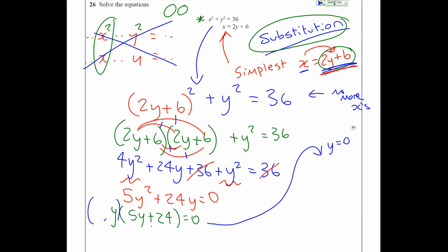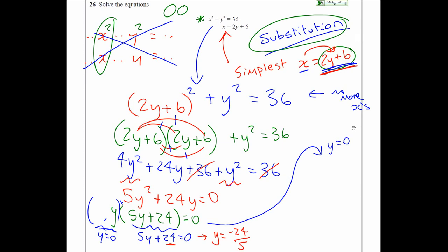Something times something else gives you 0. So either this bracket could be 0, or, which is what I'm worried about, this bracket equals 0. So 5y plus 24 is 0. We don't get a very nice answer for y here. We get minus 24 from both sides and then divide by 5. I guess it is a calculator paper, so the examiner is within his rights to put this in.